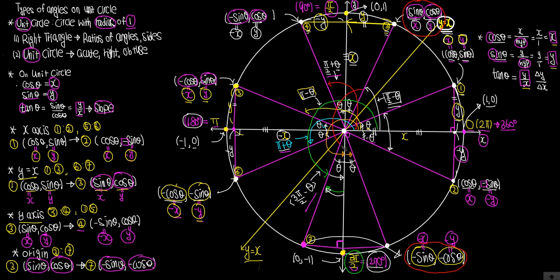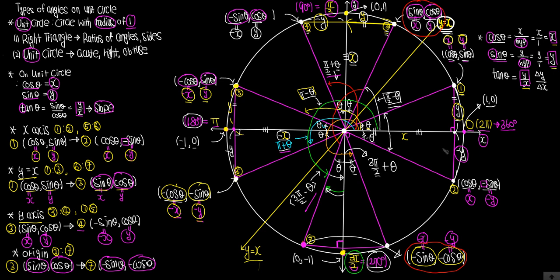So the total, which I'm going to color new after we add the amount of theta, this angle measure is going to be 3 pi over 2 plus theta, which is the same thing as saying 270 degrees plus theta. That is the angle measure for this last angle. And this is how we solve for the angle measurement.